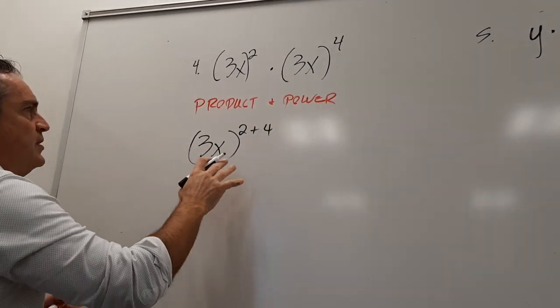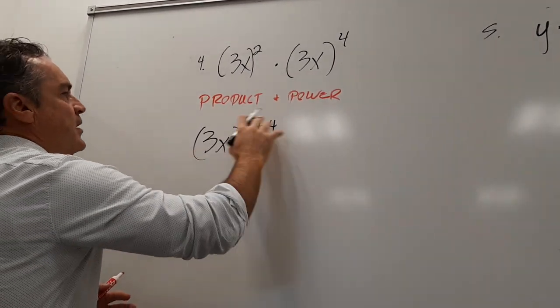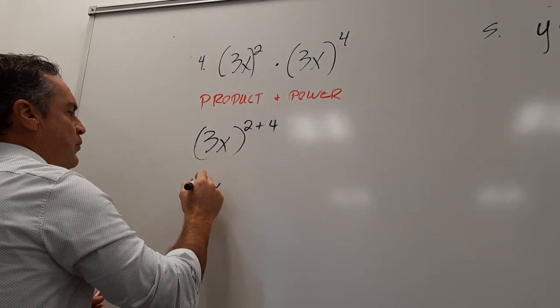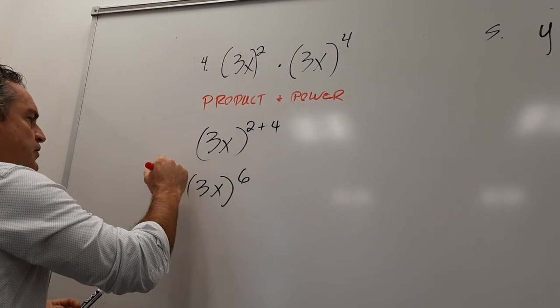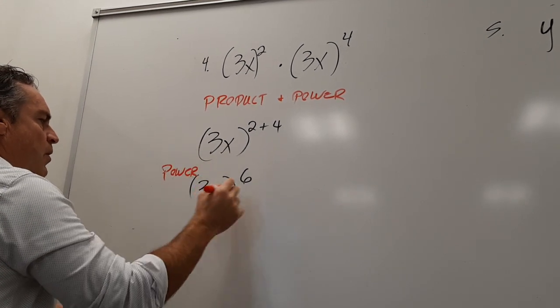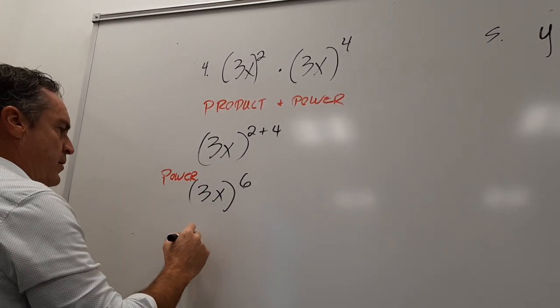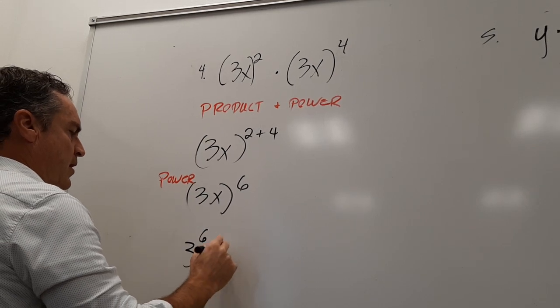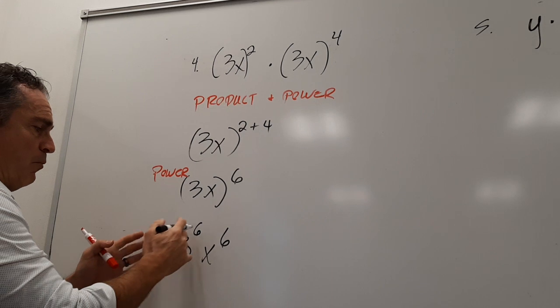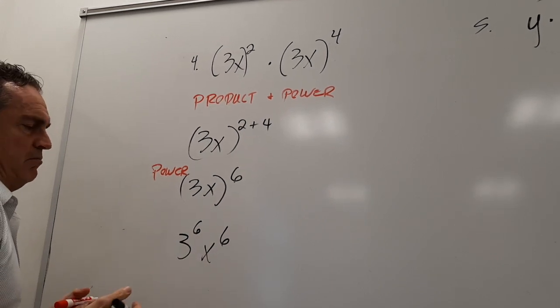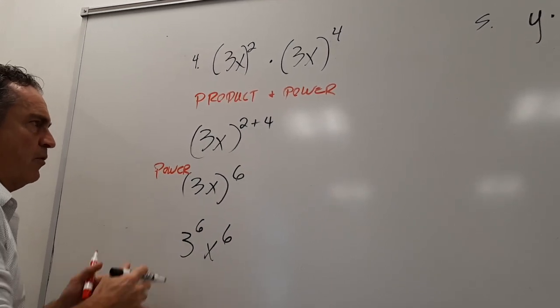So you could actually take that 3x and call that 3x to the 2 plus 4, which would be 3x to the 6th. And then at this point, we would infuse the power rule, where everything in the parentheses receives the power. And this would be 3 to the 6th and x to the 6th, okay? And they would not multiply that 3 to the 6 out.